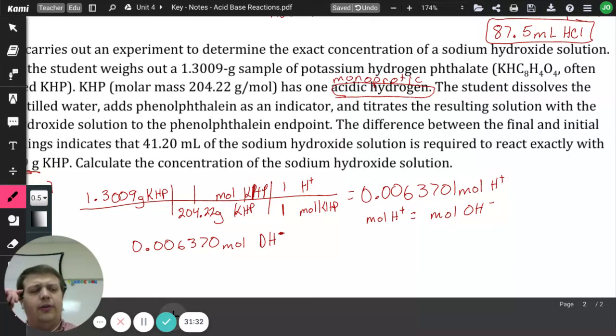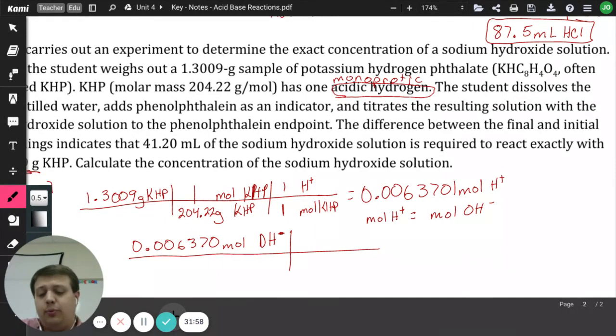Okay, so now I know that, but that's not what it's asking. It's asking for my concentration, right? So I need the concentration of the sodium hydroxide. So I need to convert from my hydroxide ions into sodium hydroxide and then use that to convert into my molarity.